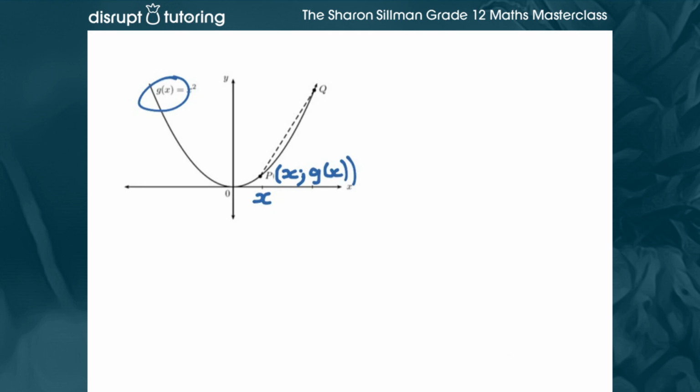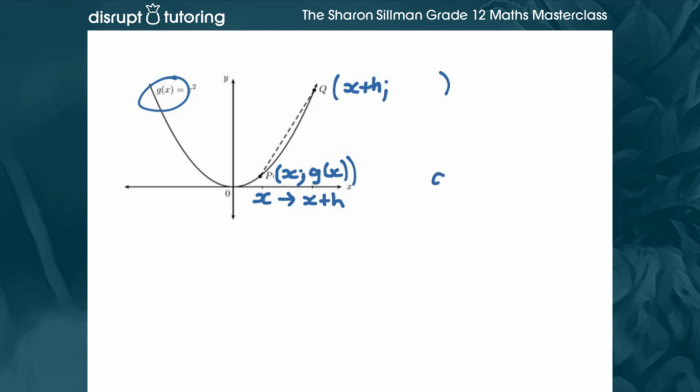So that's a nice general coordinate, so we're not going to talk about specific numbers like we did in the previous slide. Now let's consider this point Q. Now it's also an x number, but we've obviously added some on. So I'm going to call this x plus h. H could represent anything. I've added something on. I've gone further along the x-axis. So my x number at Q is called x plus h.